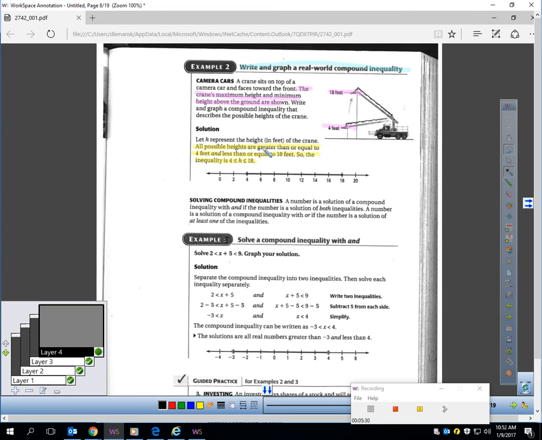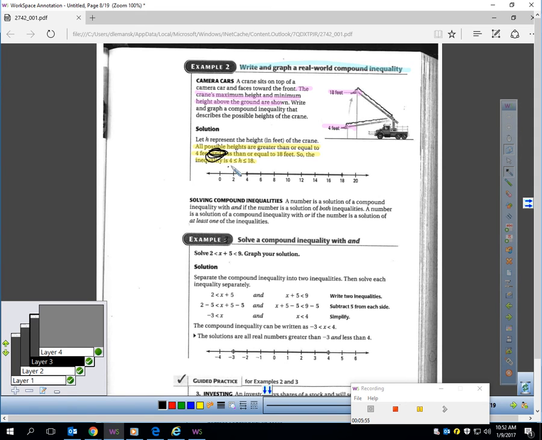So the lowest the thing can be is 4 feet. The highest is 18. So the crane will always be 4 feet and higher, and it will never be more than 18 feet. This is an "and" problem, so I'm only combining the two graphs together where they overlap.